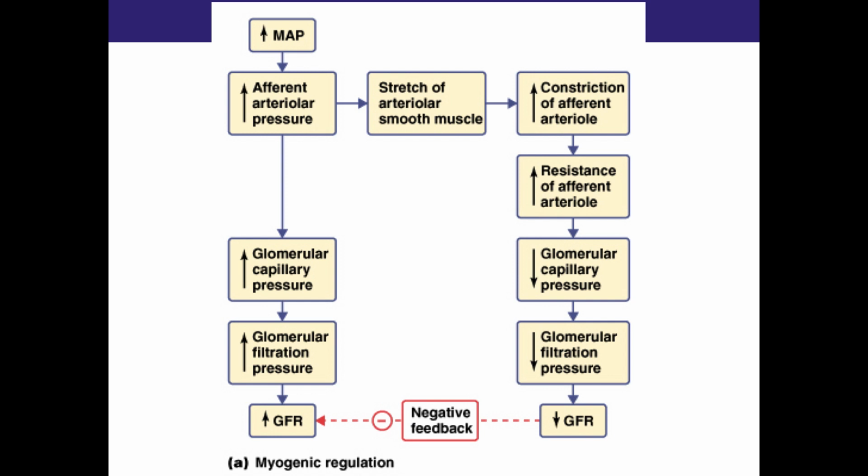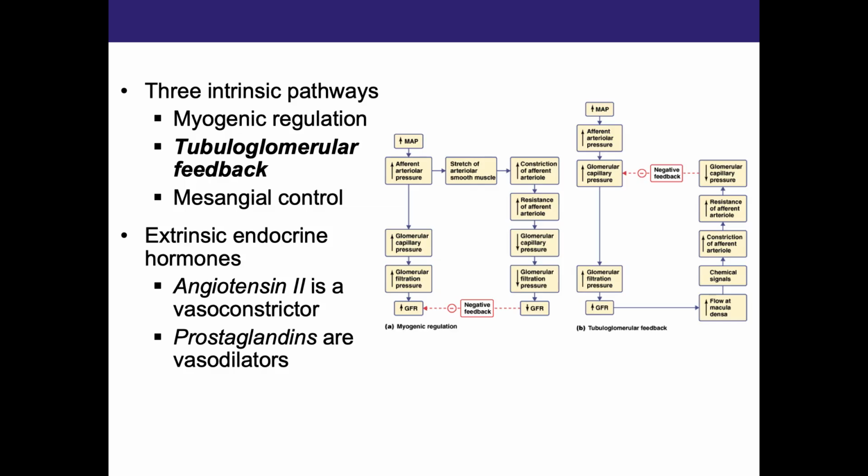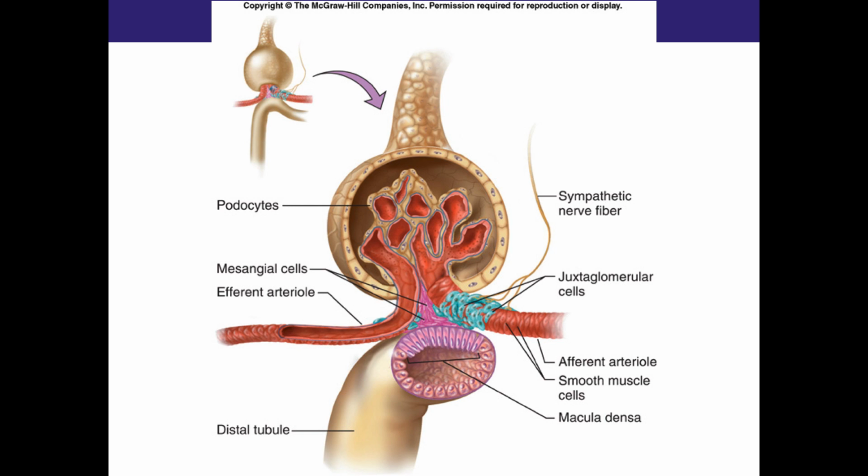Pretty good? Okay. Tubuloglomerular feedback is a little bit more complicated, but we're going back to this diagram. All this is saying is we're going to start right here with the macula densa cells, right? It's detecting the flow through the distal tubule. And it does that. It's actually those sodium potassium 2-chloride cotransporters that are detecting the flow. So, two things.